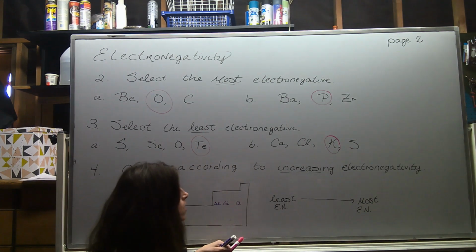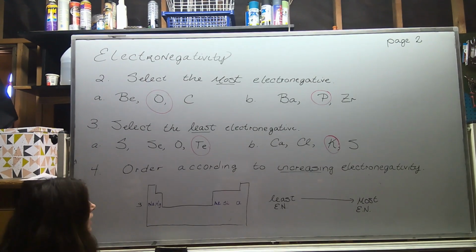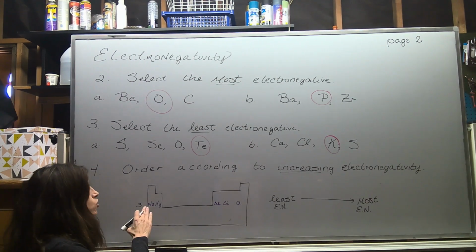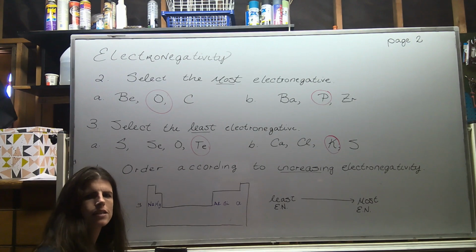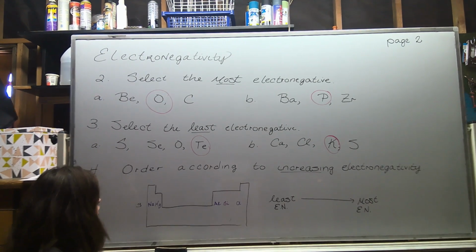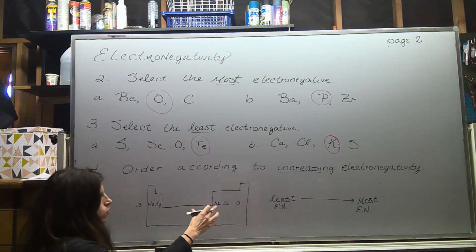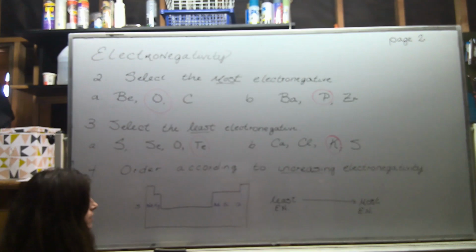What I like to do on these, because they could really turn a person around, get a printout of the periodic table and circle all of the elements that they have on your list. So what I did here, I just drew it on the board. So sodium and magnesium and aluminum, silicon and chlorine were all on the list.